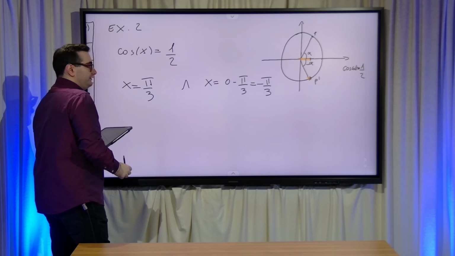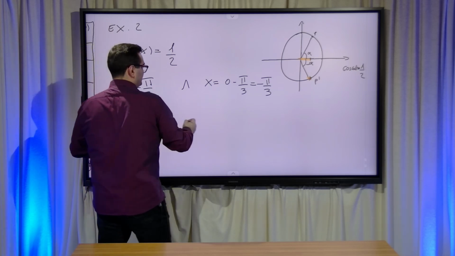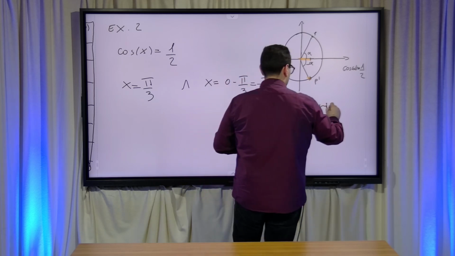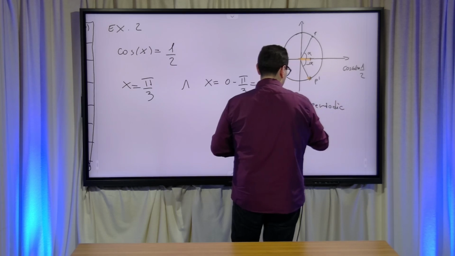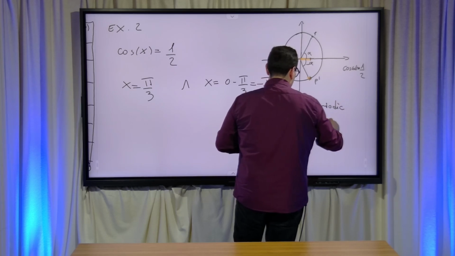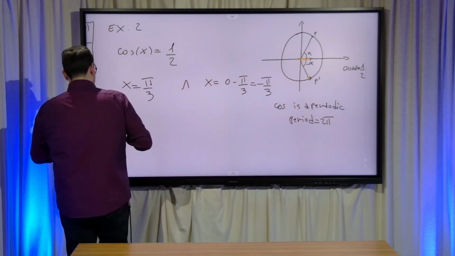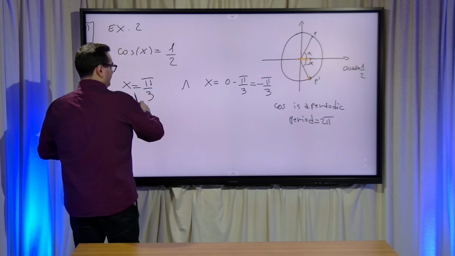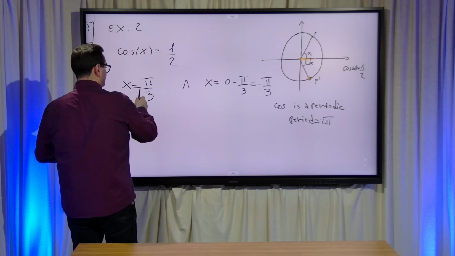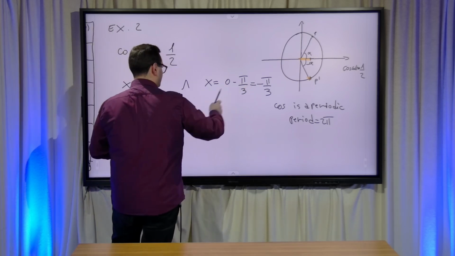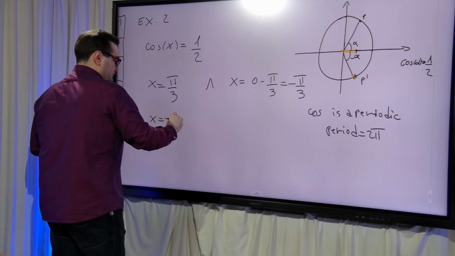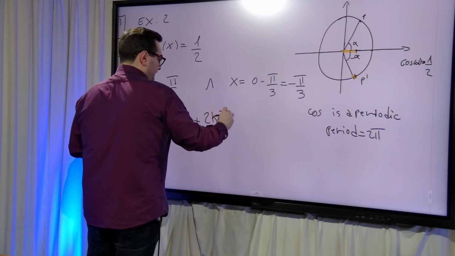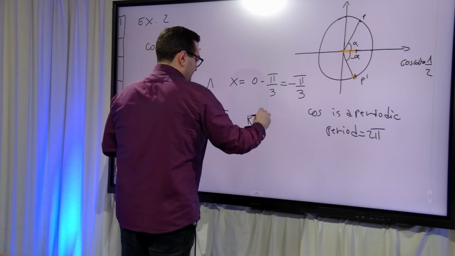As before, I have to consider the multiplicity, because also the cosine is a periodic function, and the period is 2 pi again. Before doing that, I can group these two solutions in only one, because this is pi/3 and this is minus pi/3, so I can write plus minus pi/3 plus 2k pi, with k belonging to Z.